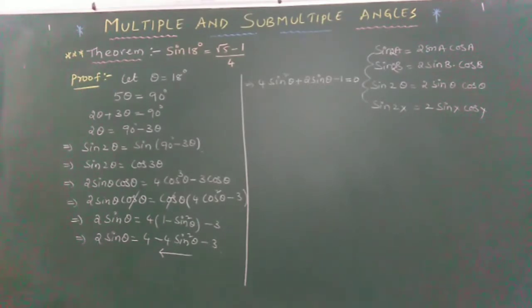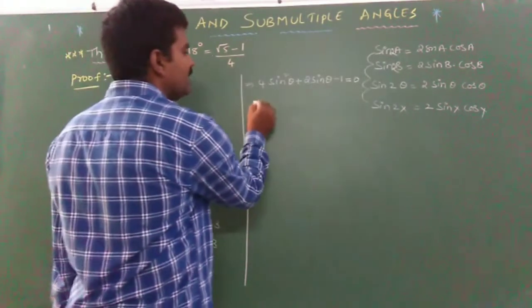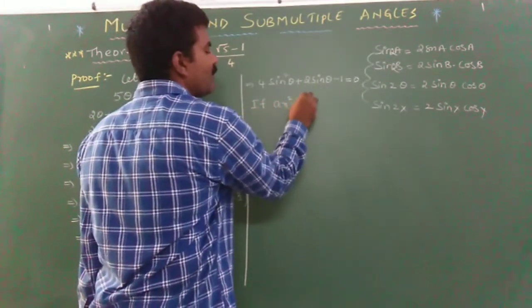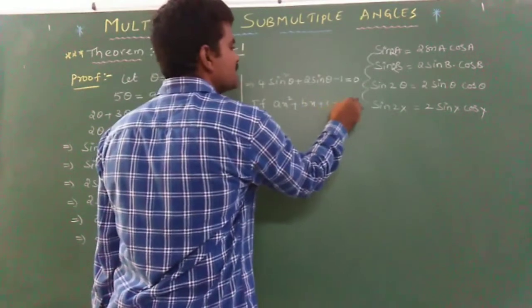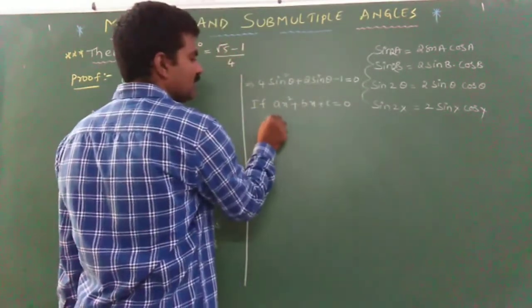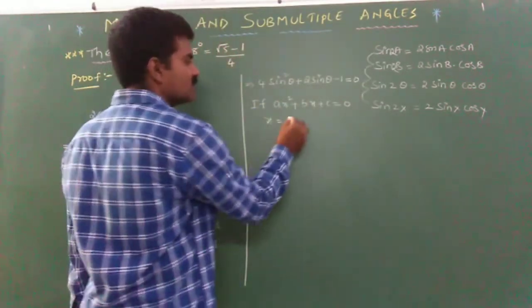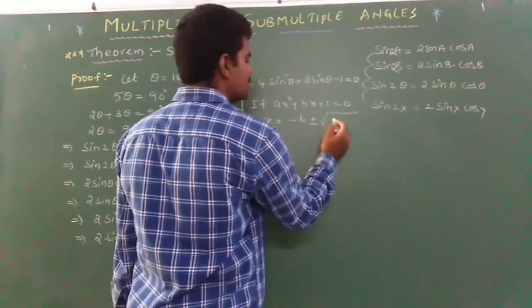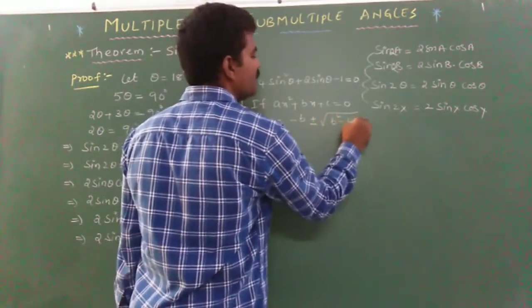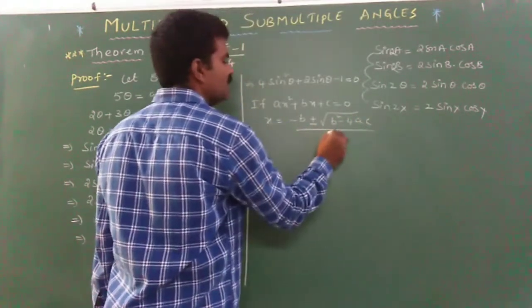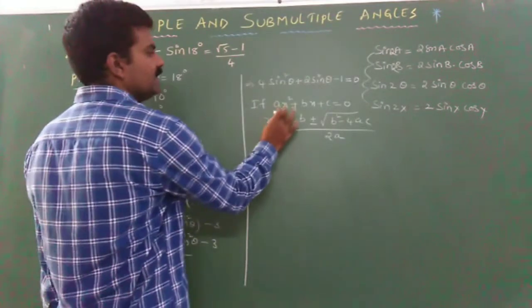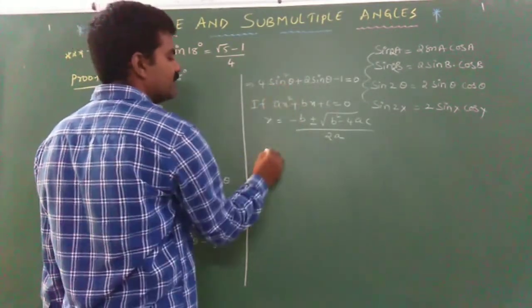Strictly it is a quadratic equation in sine, and moreover there are no factors at all here. If a quadratic equation is in the form ax square plus bx plus c equal to 0, then x can be solved using the formula minus b plus or minus square root of b square minus 4ac by 2a. Here, in the place of x, we have sine theta.